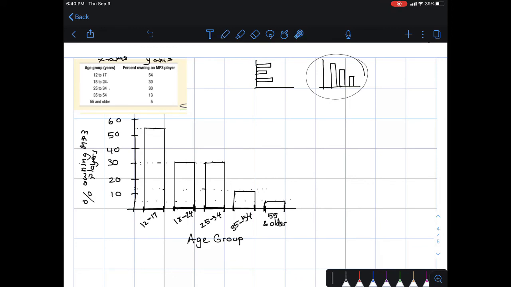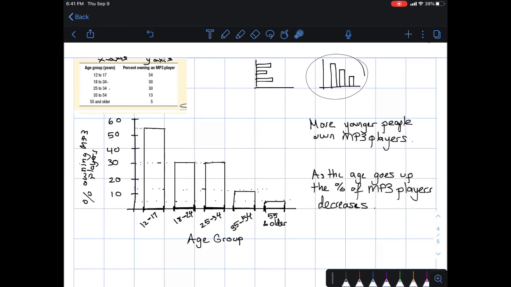If I had to describe this, I'd say the younger the age group, the higher percentage of them own an MP3 player, right? Look at the older people, way less, and it keeps decreasing. You could say, as the age goes up, the percentage of MP3 players owned decreases.